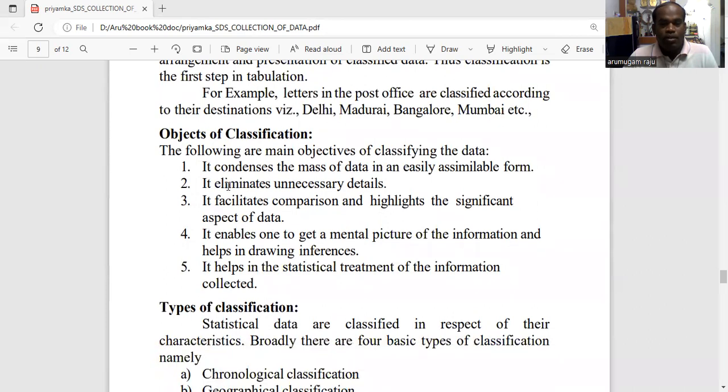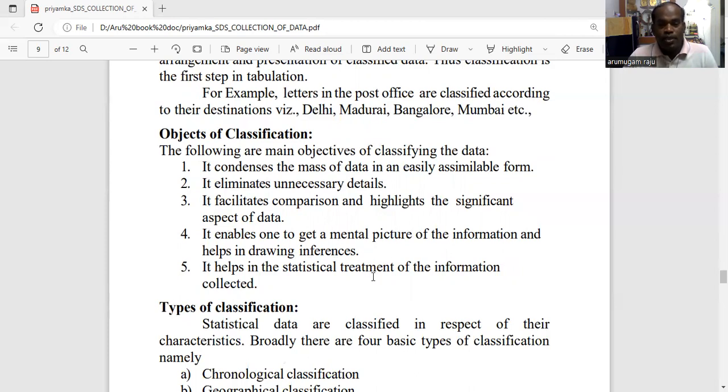The first one is it condenses the mass of data in an easily assimilable form. It eliminates unnecessary details. It facilitates comparisons and highlights the significant aspects of data. It enables one to get a mental picture of the information and helps in drawing inferences.